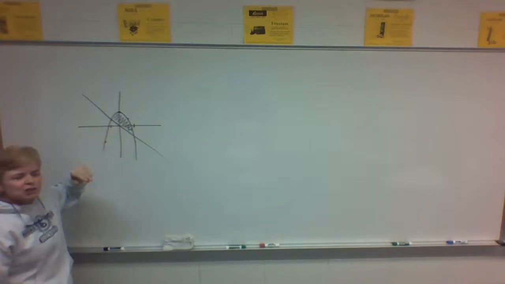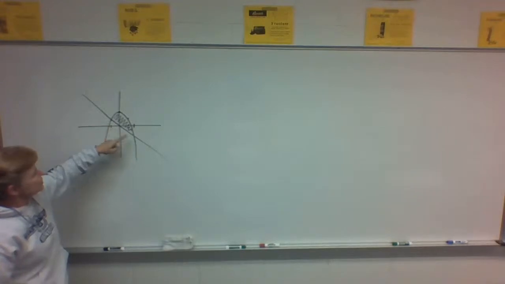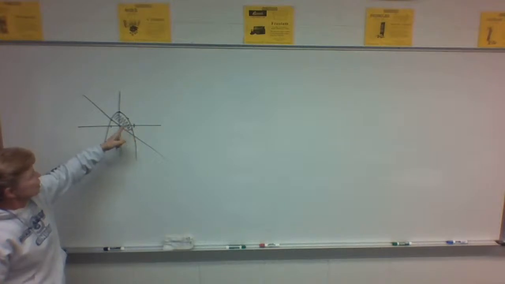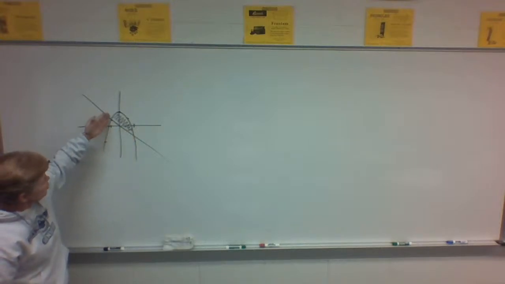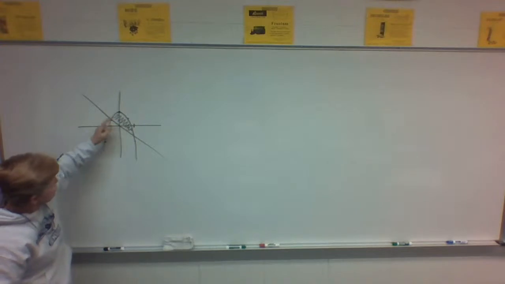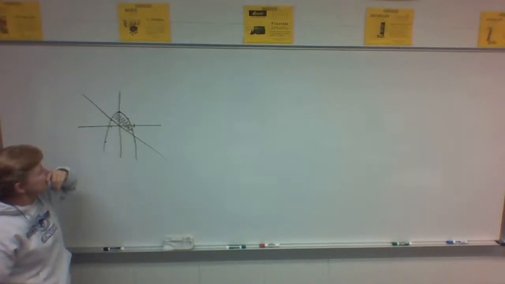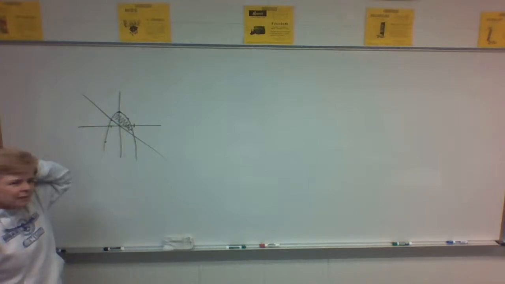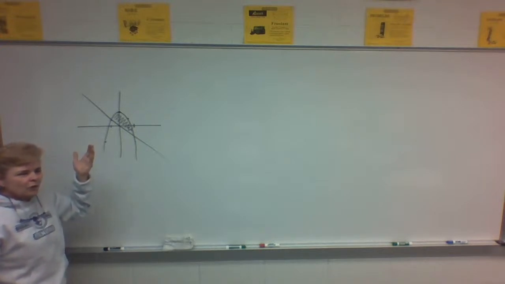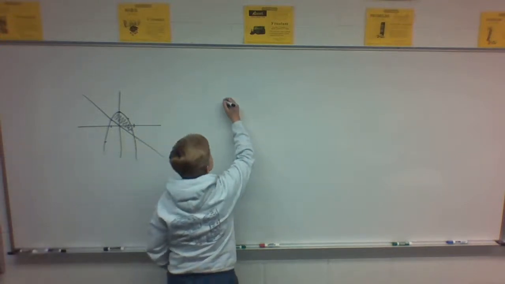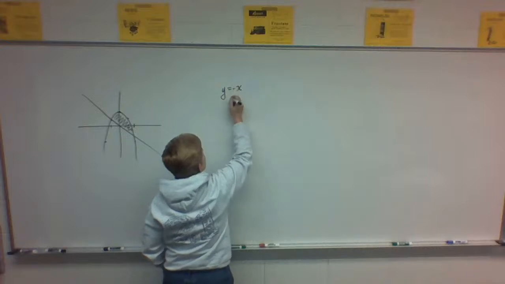If we didn't have our calculator, just pretend we did it for a minute, how would you find these intersect points? This one came from the graphing. This one may not be quite so clear. But I need to find these two because that's where this dominates this curve, and I want to find the area in between. So how do you find where they cross each other? This equation and this one.